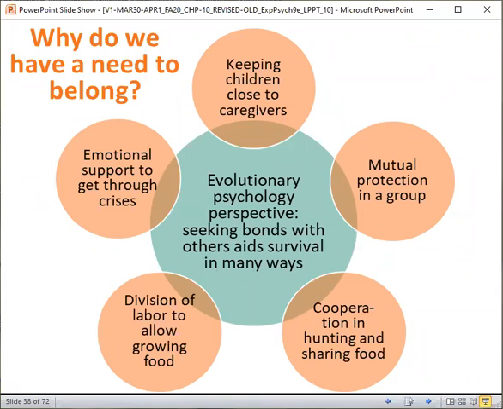Keeping children close to caregivers, mutual protection in a group, cooperation in hunting and sharing food, division of labor allowing growing food, emotional support to get through crisis. All of these things our ancestors did because they were connected to, they belonged to a group, a kin or family unit, extended family unit, and that allowed them to survive. And because of that, we inherited those same needs that they had as well.